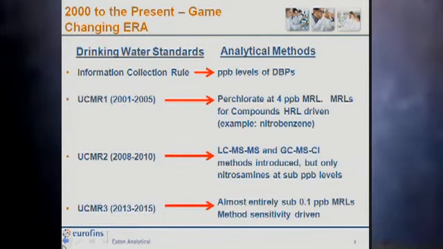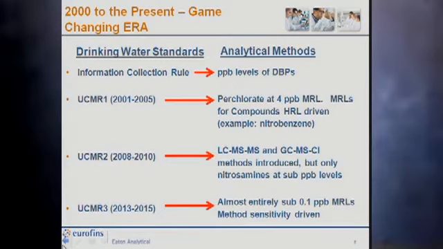The last 15 years have really been game-changing in terms of what it's done for analytical methods for regulatory compliance. In the mid-90s, 1996-97, EPA promulgated what was known as the Information Collection Rule, which required all utilities serving greater than 100,000 people to do 18 months of fairly intensive monitoring for disinfection byproducts and precursors.